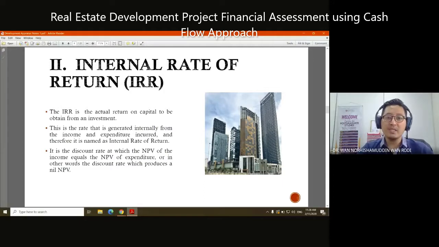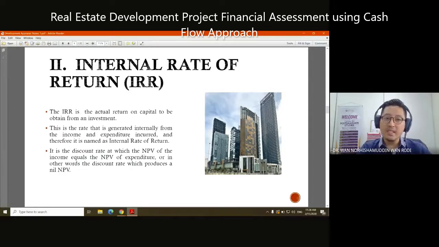This is the rate that is generated internally from the income and expenditure incurred. Therefore, it is called the internal rate of return. As common sense, since our projected cash flow consists of monetary amounts, cash inflow and cash outflow, the working out between the cash inflow and cash outflow internally can produce the IRR.